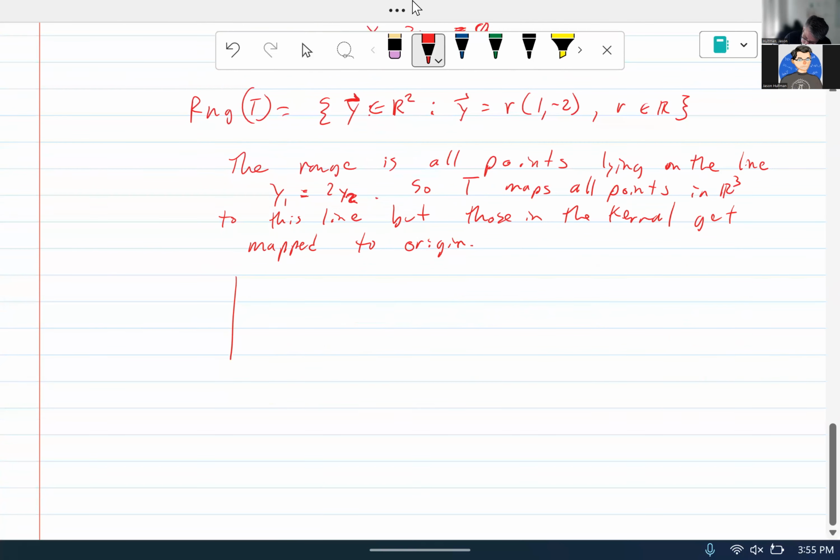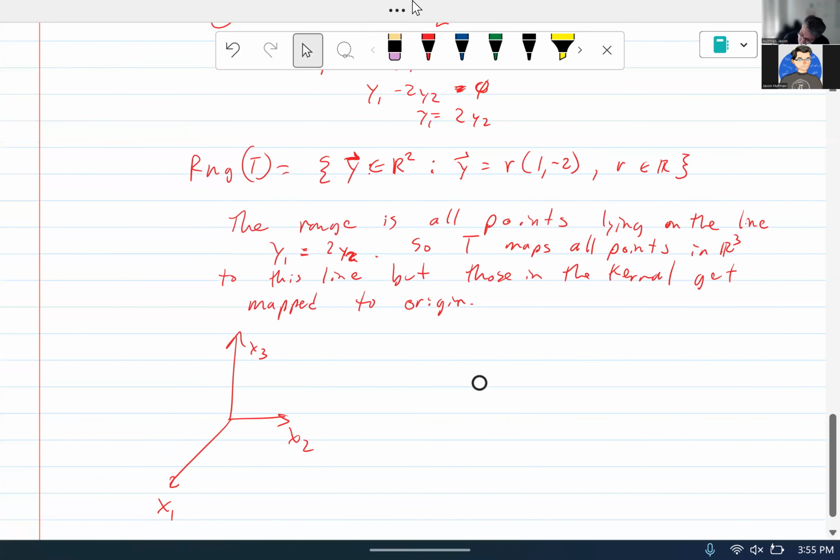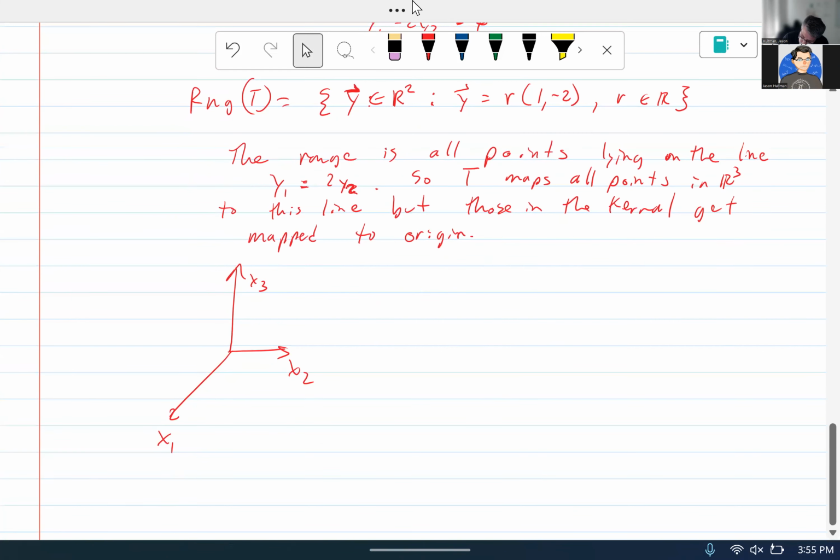So if I have x1, x2, and x3, then the kernel of T is a plane through which 2, 1, 0 and negative 5, 0, 1 go through.